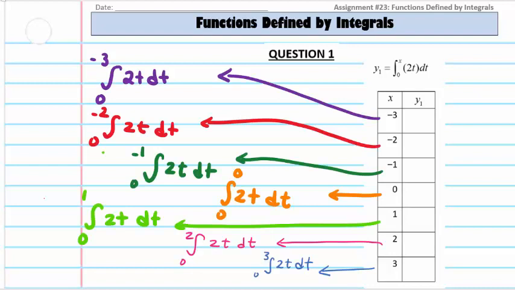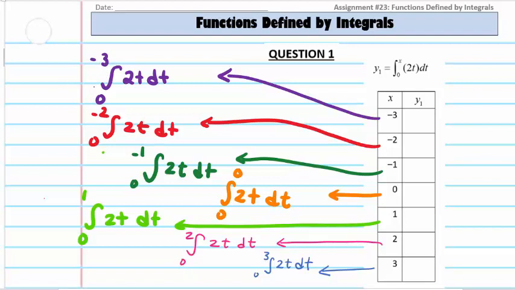So here I've listed out what each of these integral outputs will be represented by. The first one is the integral from 0 to -3.